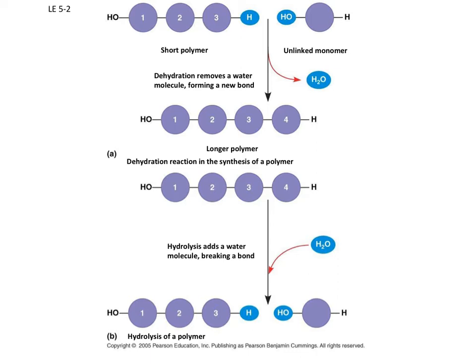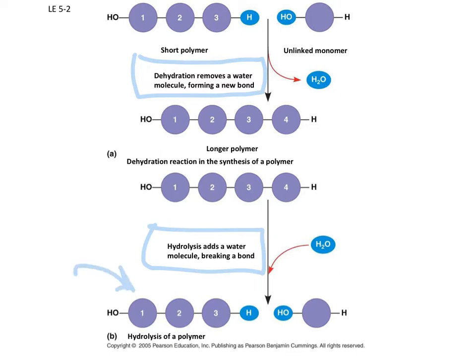This principle of having dehydration synthesis or hydrolysis, putting monomers and polymers either together or apart, applies both to nucleic acids and to proteins. So you can keep that in mind. So here, these were sugars, but now they're going to be proteins.